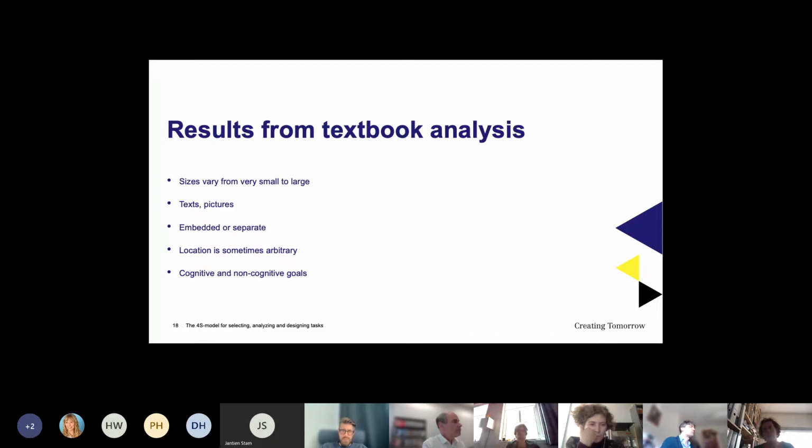The history is sometimes embedded in the mathematical information, but a lot of times it's also in a separate box, not so much related to a specific text or to a specific exercise, which means that the location of the information is sometimes rather arbitrary. For instance, the clip I showed you from Descartes. Yeah, when would you give some biographical information on Descartes? That could be anywhere in a chapter. There's not really a logical place for that.